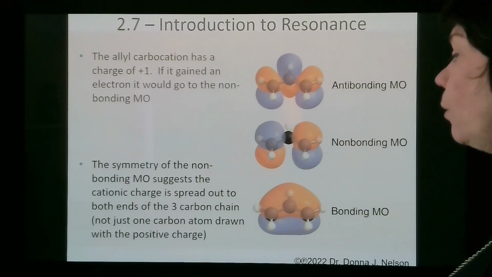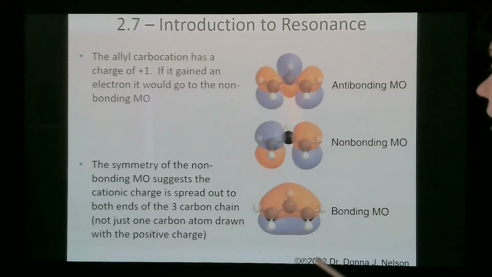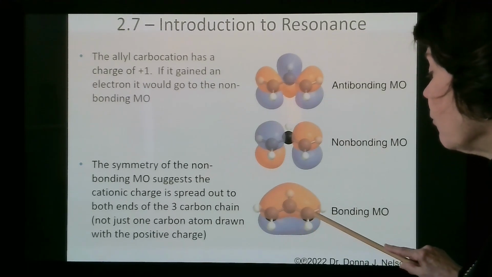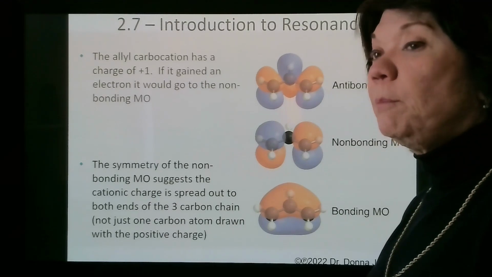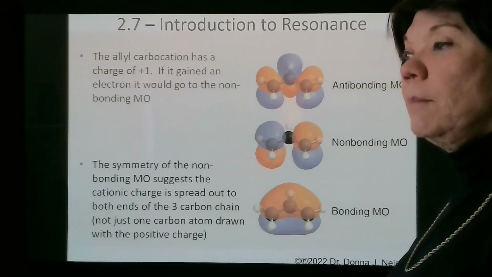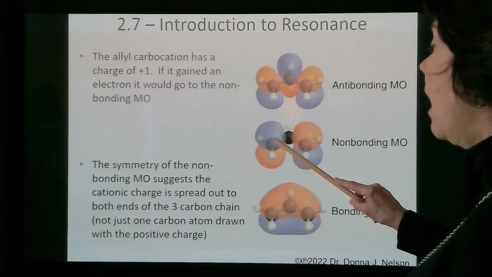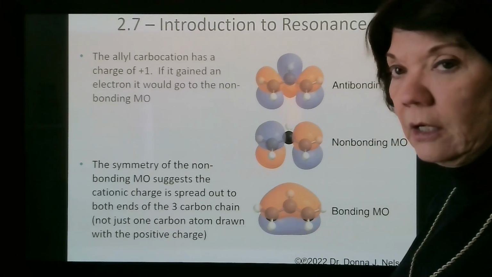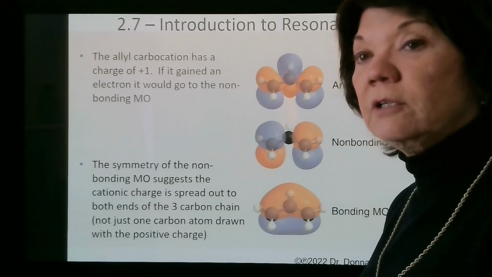The electrons will go into the lowest energy molecular orbital first. Now this is very symmetrical, and so those 2 electrons will be spread out over the entire system. Because one of the p orbitals was unfilled, you've got this 3-carbon system that has only 2 electrons in it, and it's going to be bearing a positive charge.